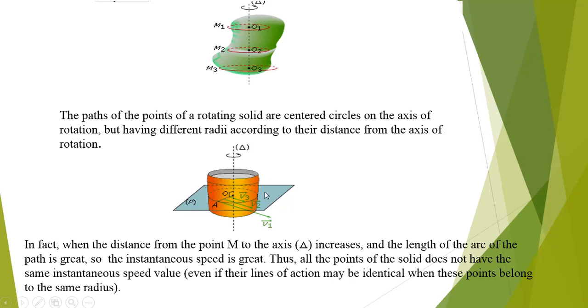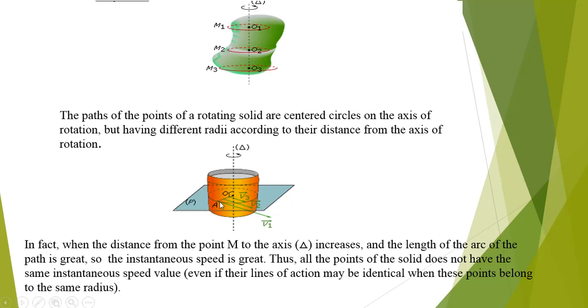If we observe this figure, for example, the velocity vector V1 has a length greater than the velocity vector V2 and greater than the velocity vector V3. Why?